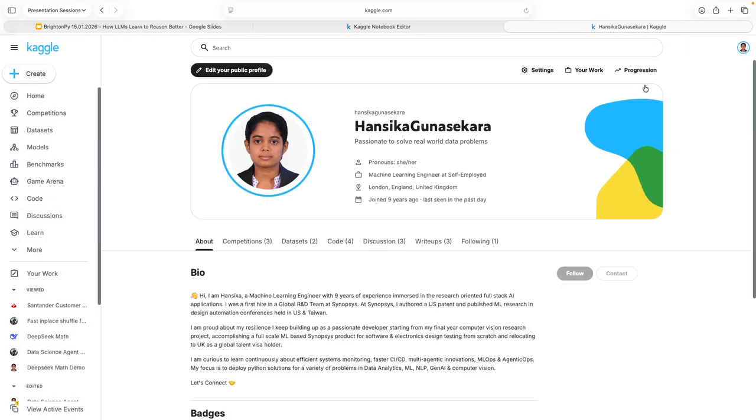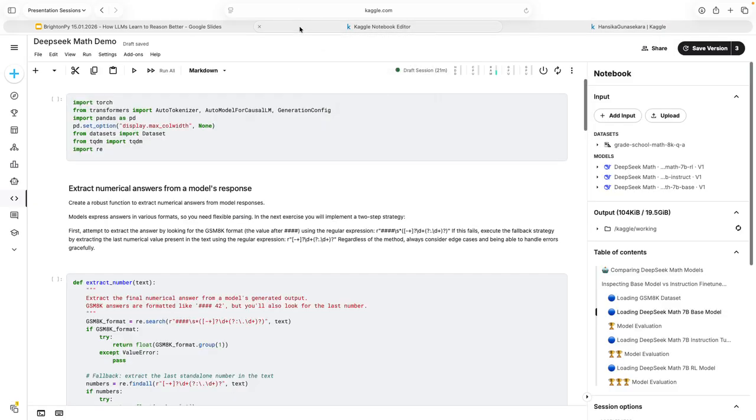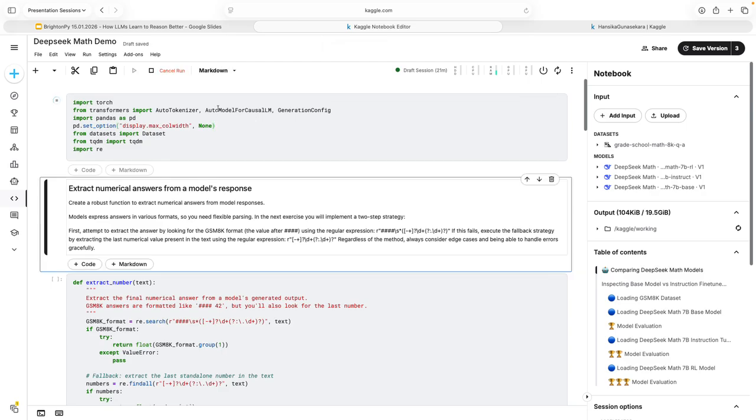This is my profile, and under code, DeepSeek math demo, I'm going to walk through this code. First, let's import the necessary packages like Hugging Face Transformers, AutoTokenizer, AutoModelForCausalLM, and GenerationConfig, and the datasets.